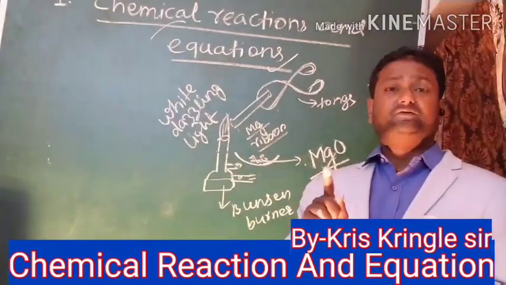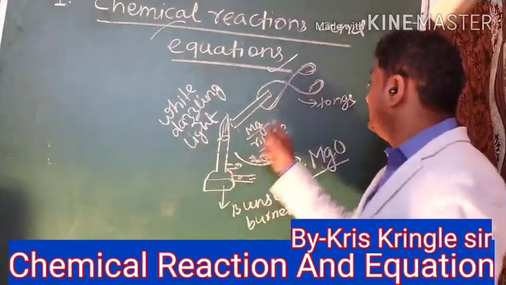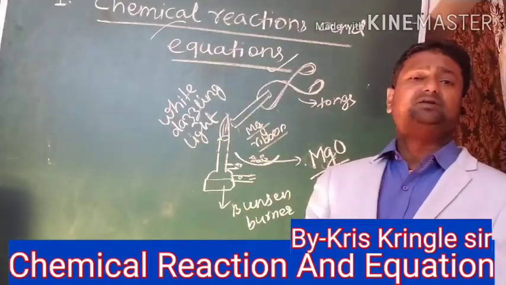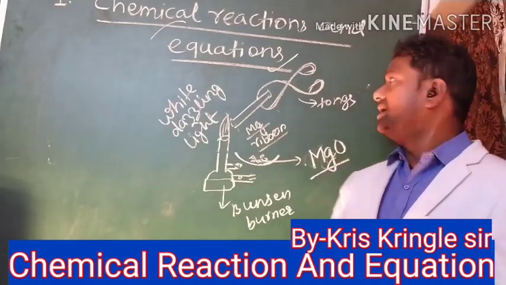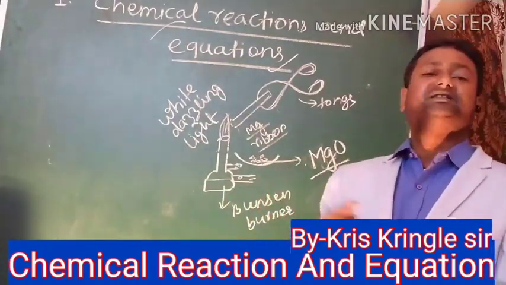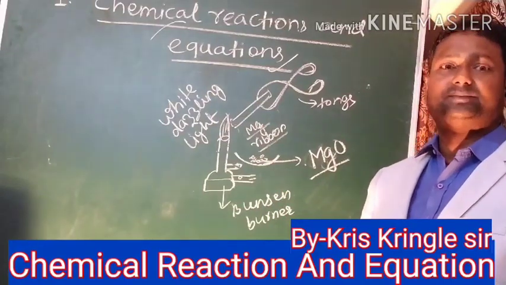When we don't clean it, what will happen? It will not burn properly, producing white dazzling light. So before burning it, that layer of magnesium oxide should be cleaned using sandpaper.